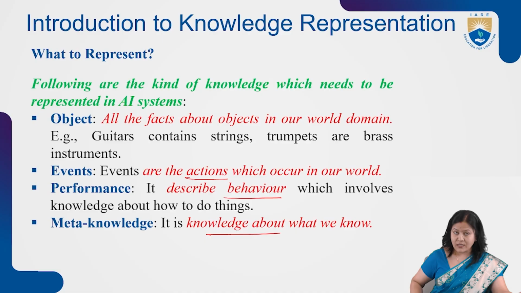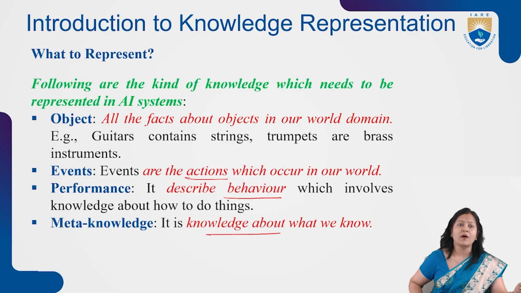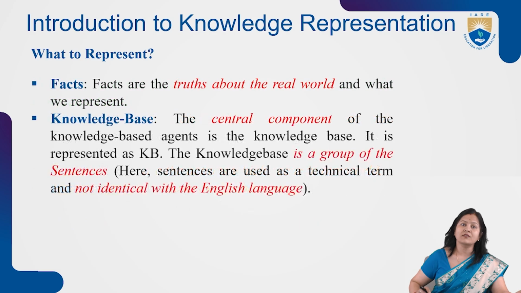Apart from these four, two more are there. Another one is the fact, which is the truth about the real world and what we represent. After knowing all this, the representation of objects, events, performance, meta knowledge, and facts, the final thing is the knowledge base, which is the main important component of knowledge representation.